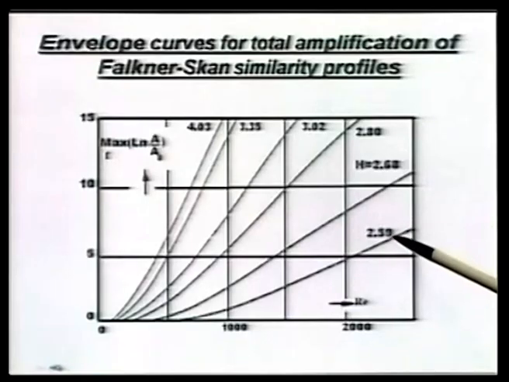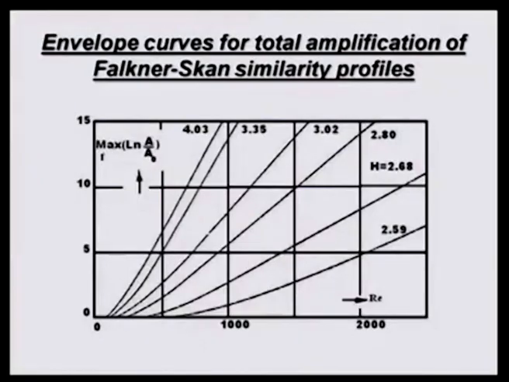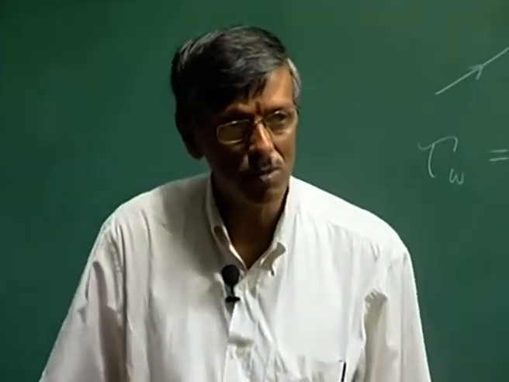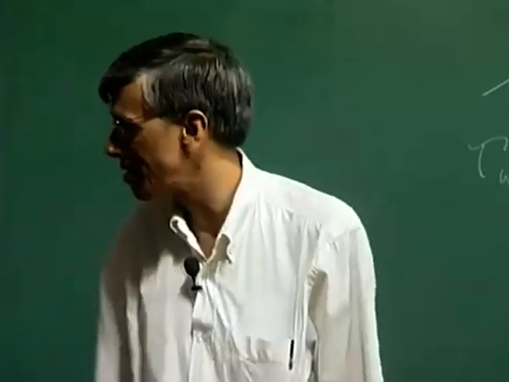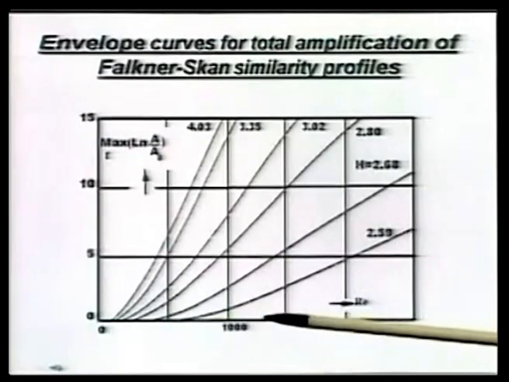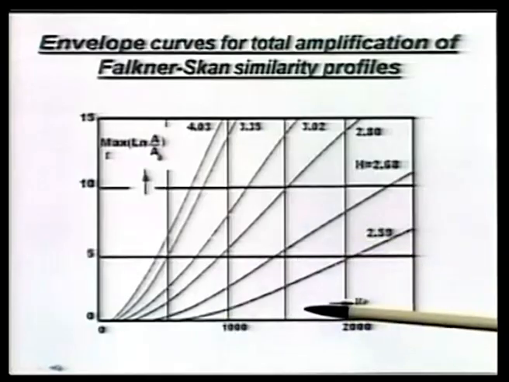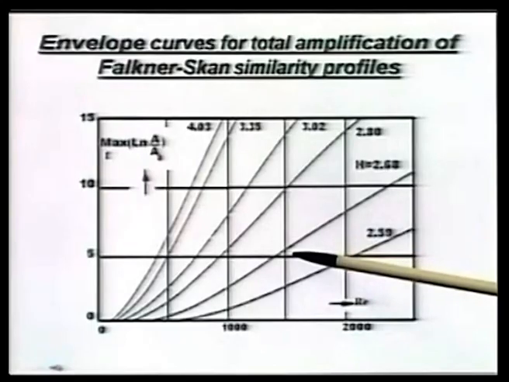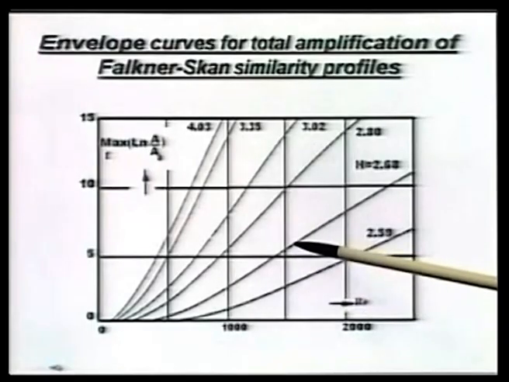So, this is your Blasius profile, h is equal to 2.59, and any values above this correspond to unstable profiles, because h is more than the Blasius profile. And that is what you are also noticing, that at the same station, if your h is larger, the capital N factor is significantly larger, right.